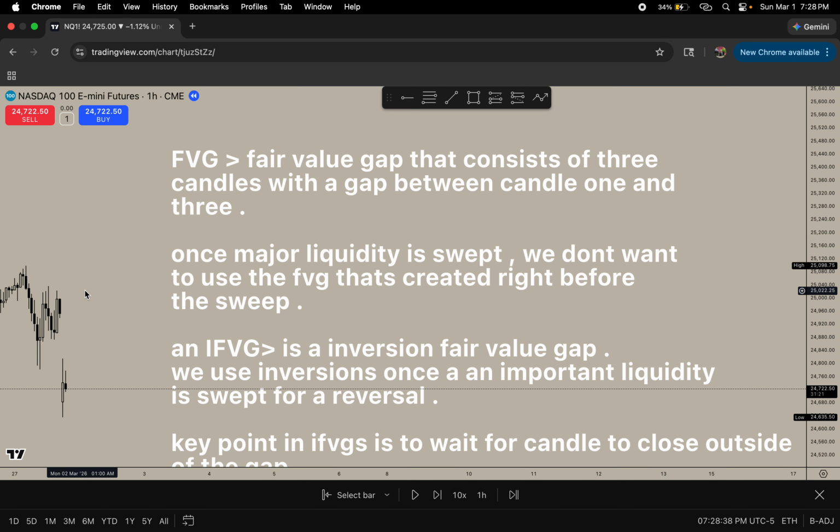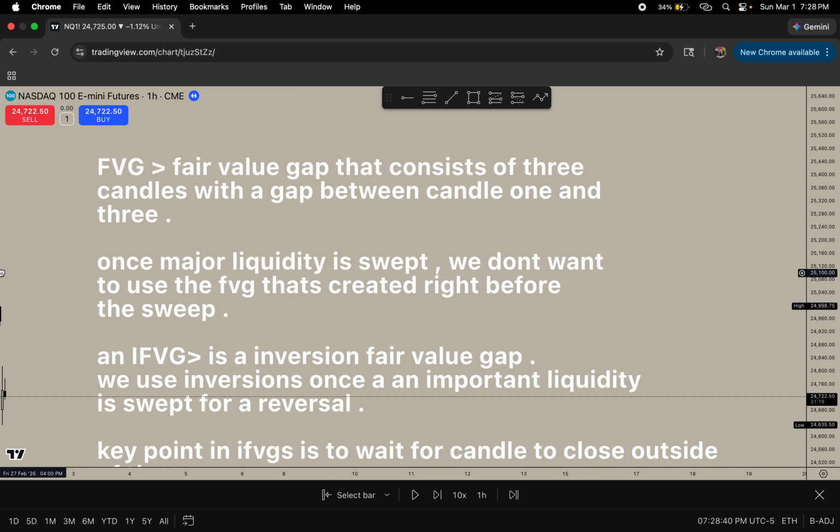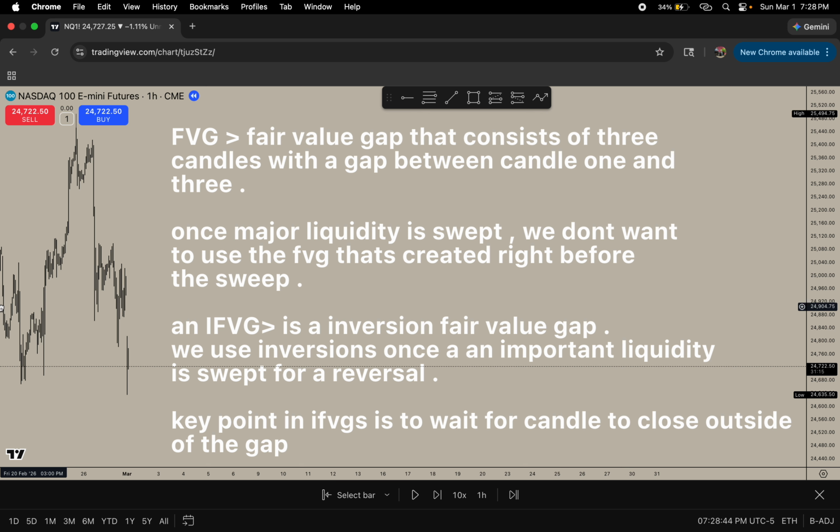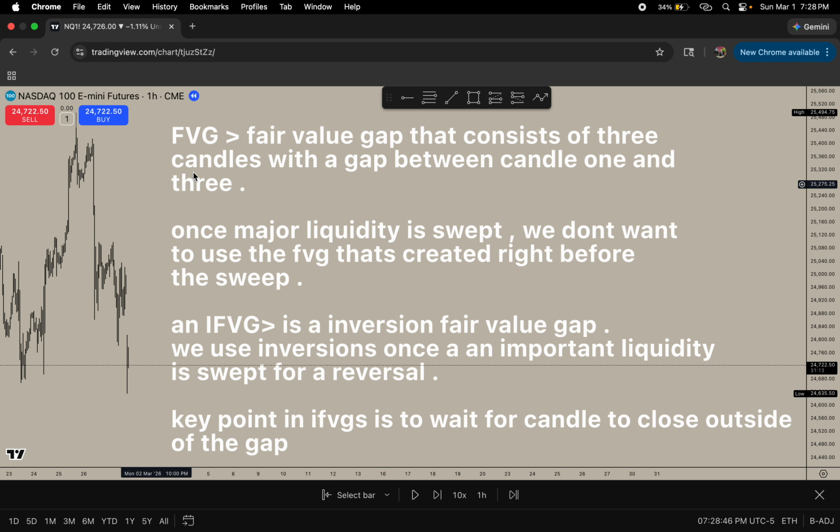Okay, you guys can screenshot this. All right, fair value gap, that consists of 3 candles with the gap between candle 1 and 3. Once major liquidity is swept, we don't want to use the fair value gap that's created right before the sweep. And an IFVG is an inversion fair value gap.